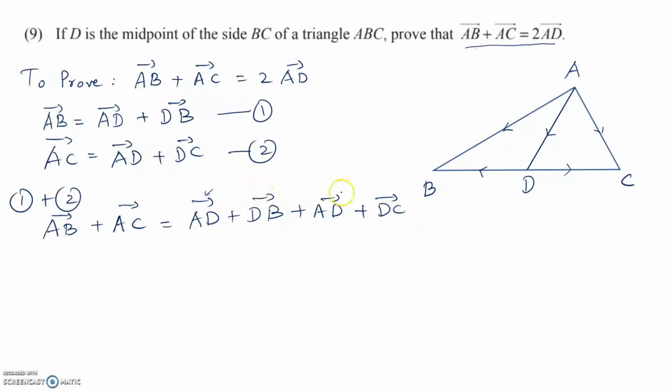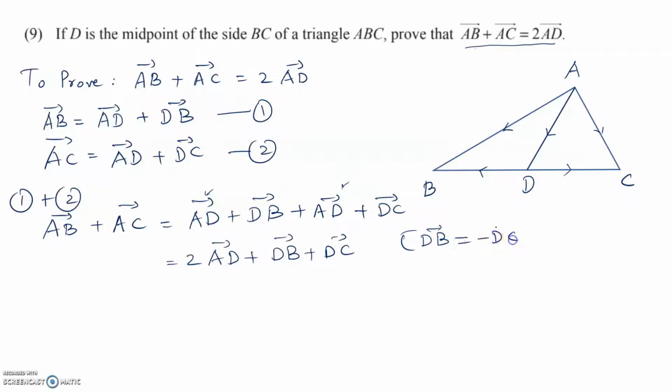So you can add these 2 terms and say 2 times AD vector plus DB vector plus DC vector. Further, our DB vector is equal in length with DC but in opposite direction.